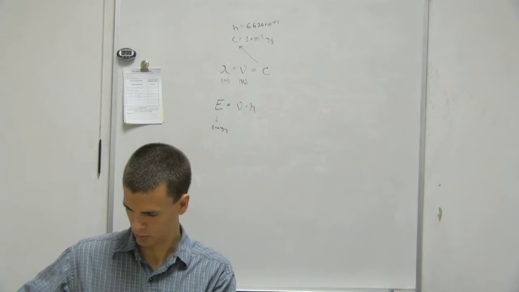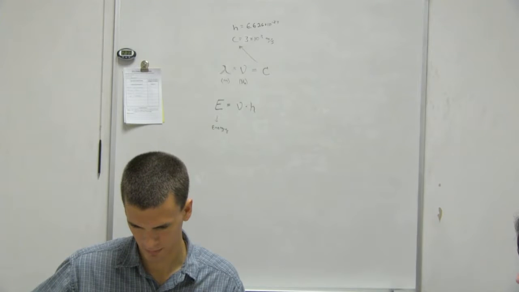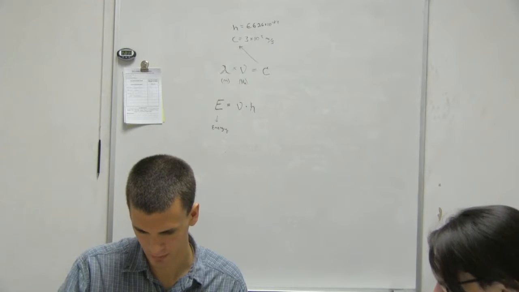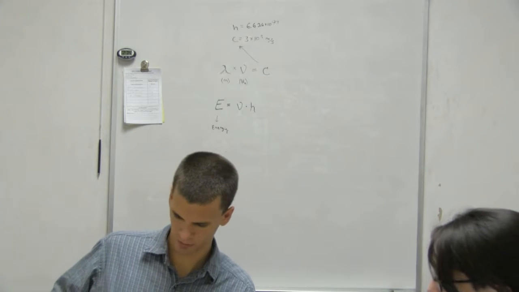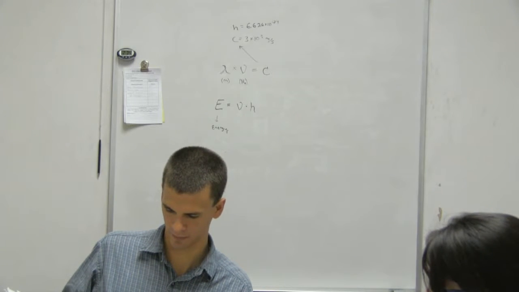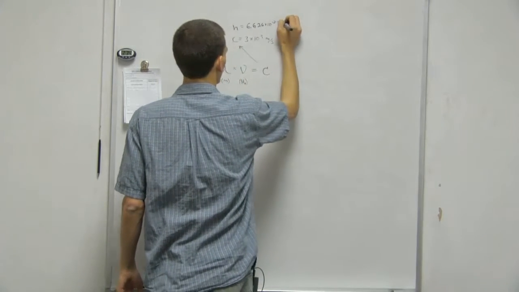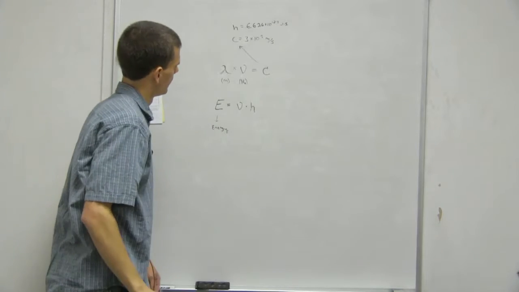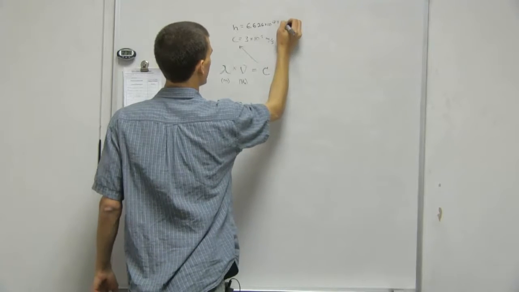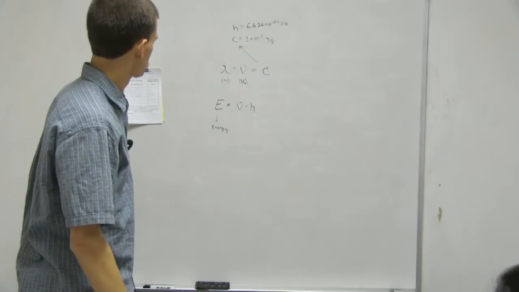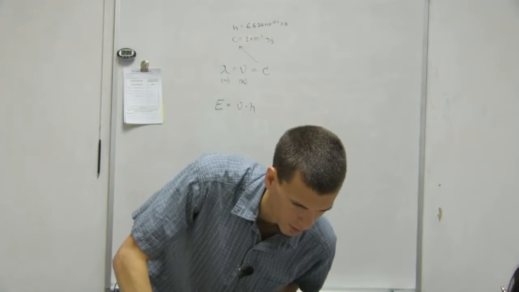Unit 2. Planck's constant, h, is 6.626 times 10 to the negative 34 joule seconds. And E is energy. So we'll use these two equations to solve this.